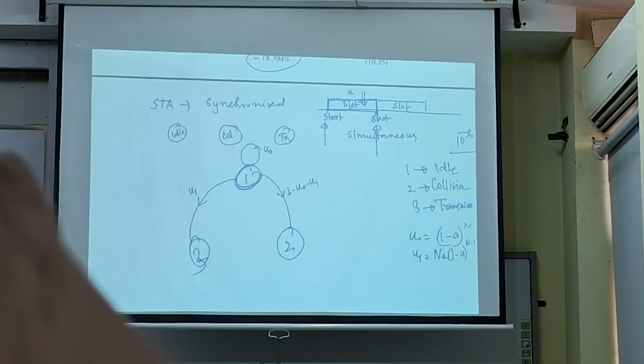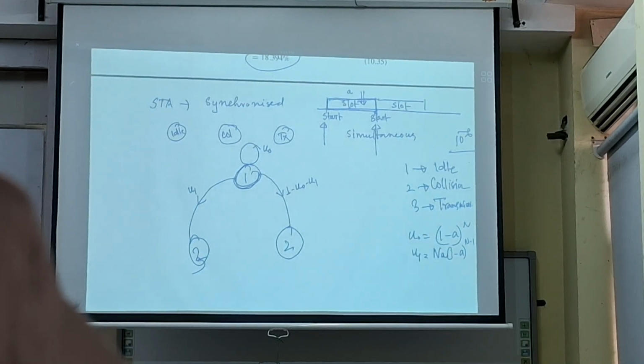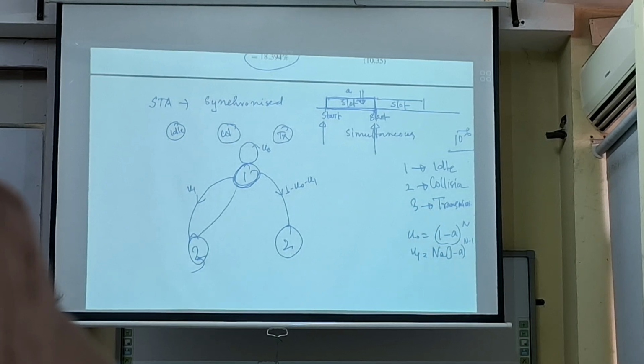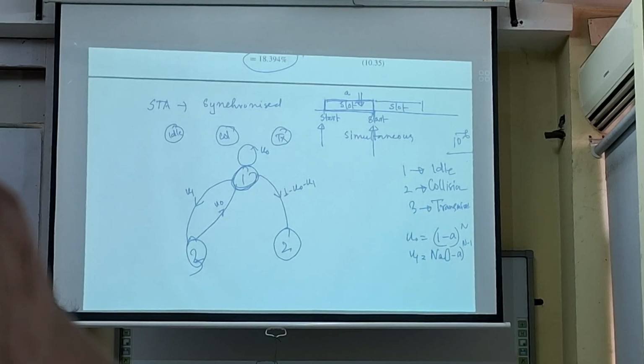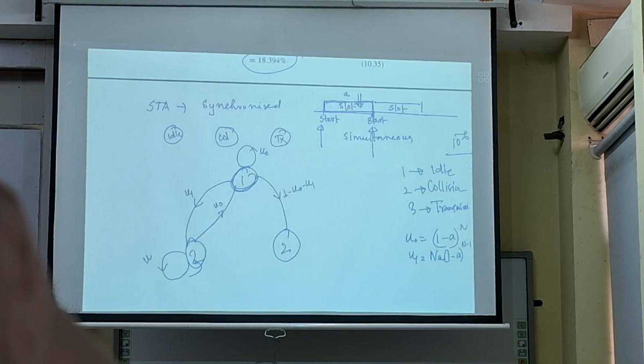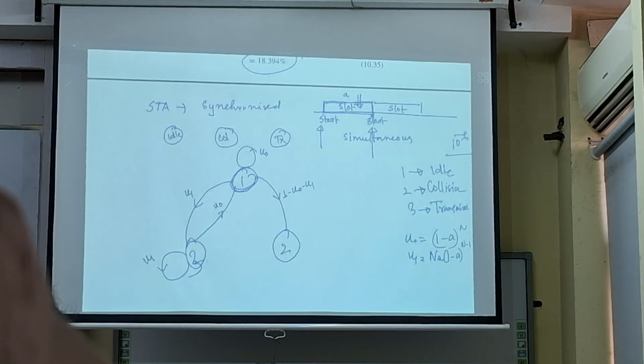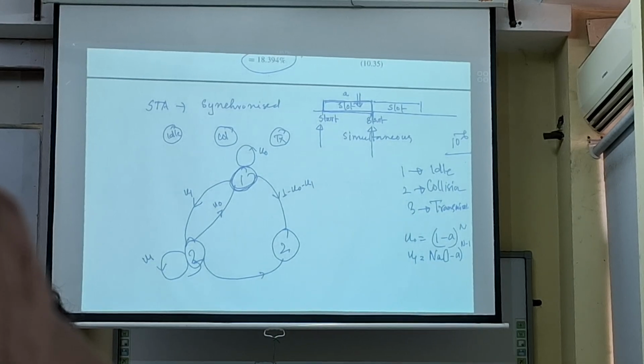Then we have two possibilities. In the next slot, either no station is transmitting, so we go back to state 0, 1, or we remain in state 2 with probability 1, or we go to step 2 with the probability.